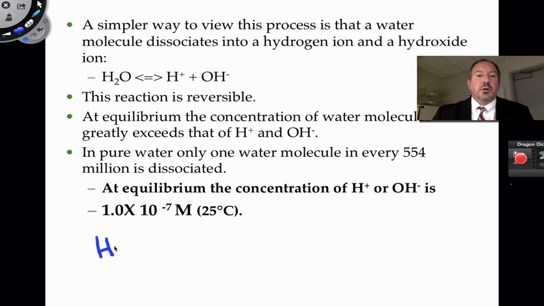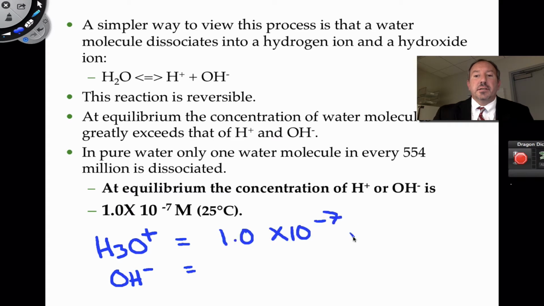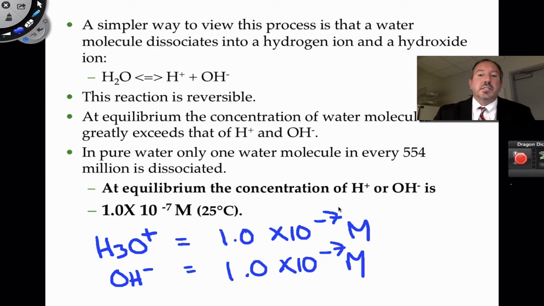The hydronium ion, remember these are always equal, and hydroxide ion, when these form, the concentration is 1 times 10 to the negative 7, extremely small. Likewise, the other is also 1 times 10 to the negative 7 molar. Collectively, these add up to 14.